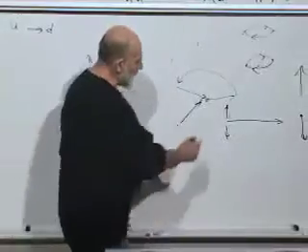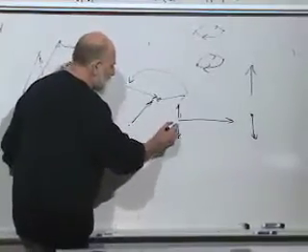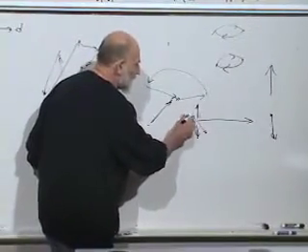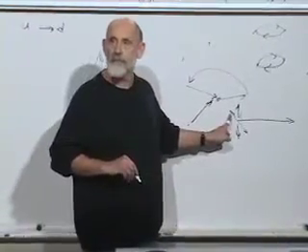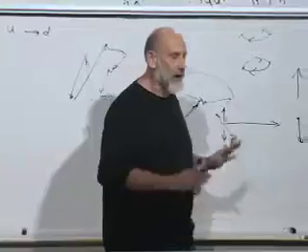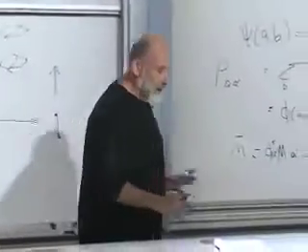After half a period or so, one might be along this axis, the other along this axis. But those are orthogonal to each other. So orthogonality is maintained with time.